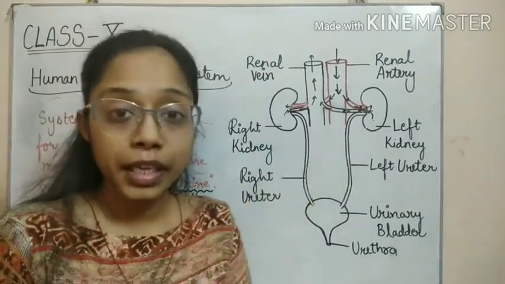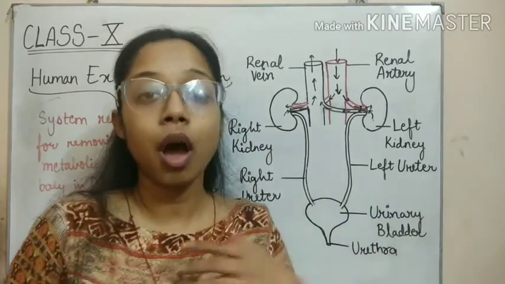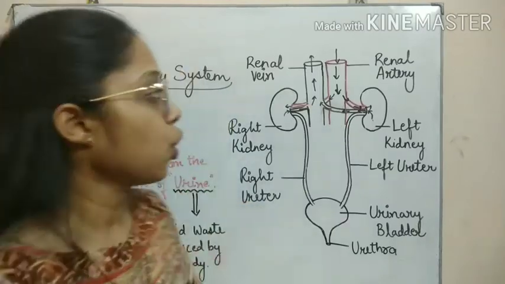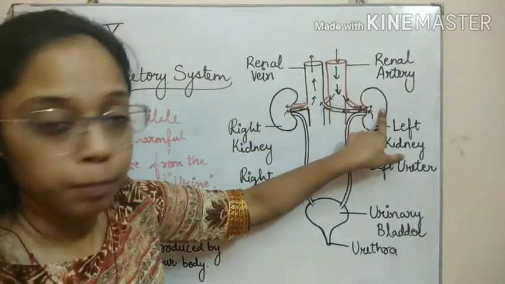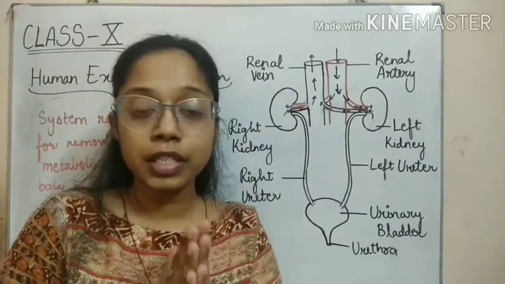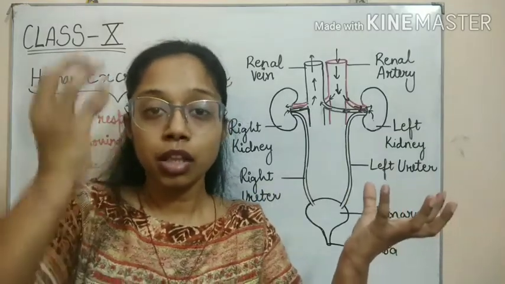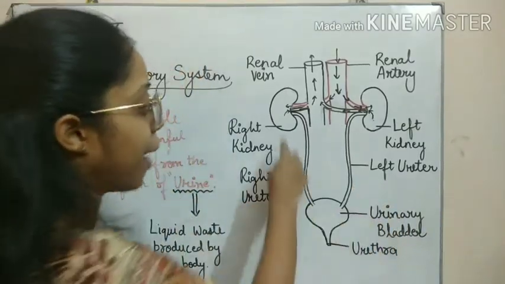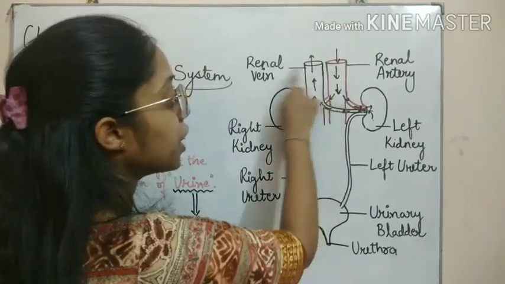But this blood contains certain impurities which are harmful for the body, and that needs to be excreted out from the body. So blood from the renal artery goes to the kidneys. In the kidneys, this blood is actually filtered and purified. All the waste substances are removed, and the pure, filtered, clean blood is again sent back to the heart via the renal vein.